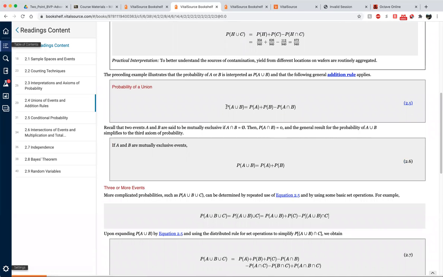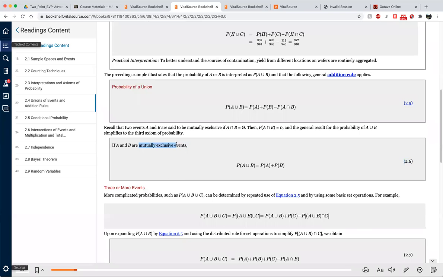Now the next one, probability of a union. This is similar to the addition rule of events, right? So keep in mind the addition rule of probability: the probability of A union B is equal to P of A plus P of B minus P of A intersection B. Now what if A and B are mutually exclusive?